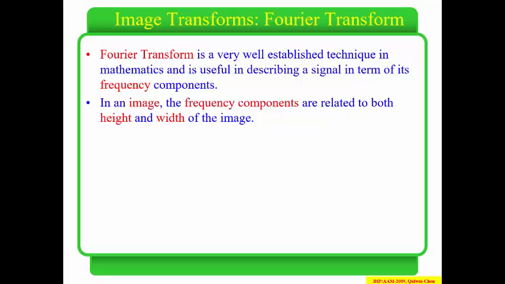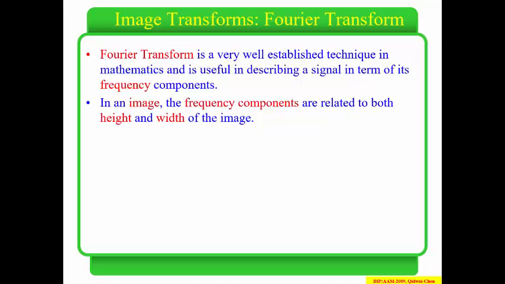The basic idea of Fourier is that any signal in the time domain or even in the spatial domain can be represented in the frequency domain as a summation of sinusoidal signals with different amplitudes. To be more accurate, as a summation of sine and cosine signals with different amplitudes.